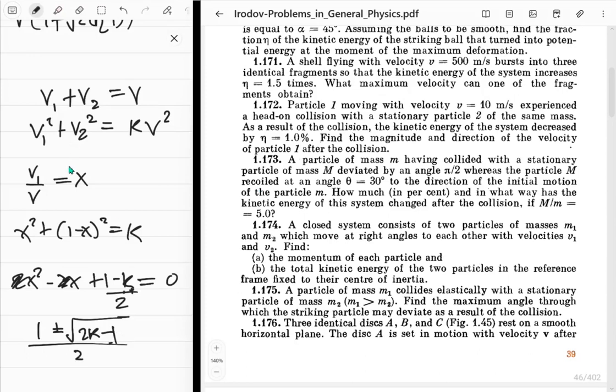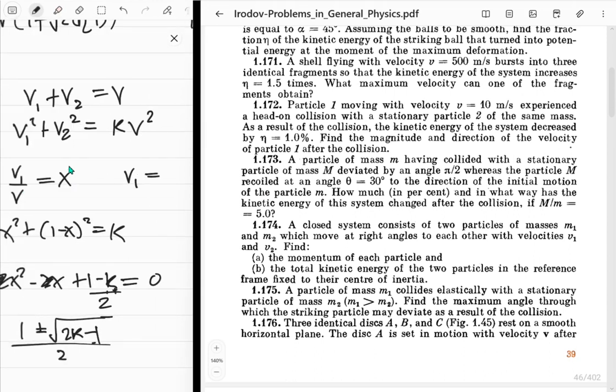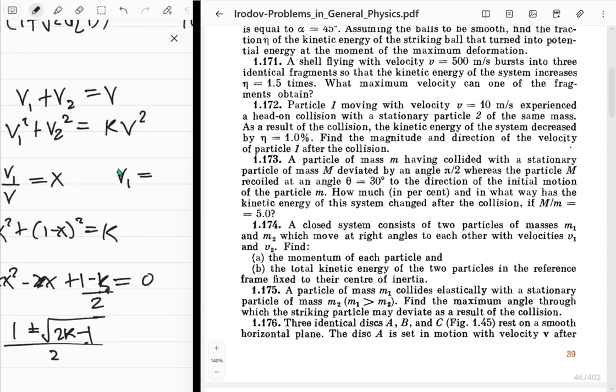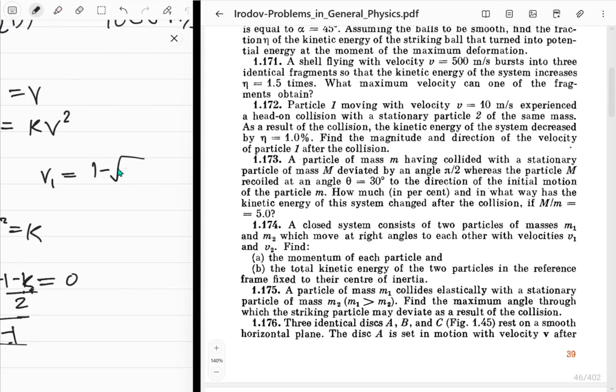And from here, you can figure out what v1 will be. Since the momentum imparted on this particle is towards the left, that just means v1 should be less than v. So it should be 1 minus the square root of all that stuff, so 1 minus the square root of 2k minus 1. It can't be positive, that would make no sense.